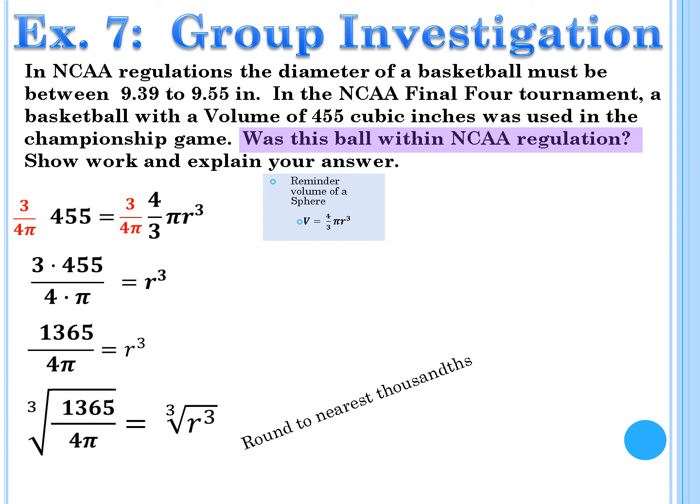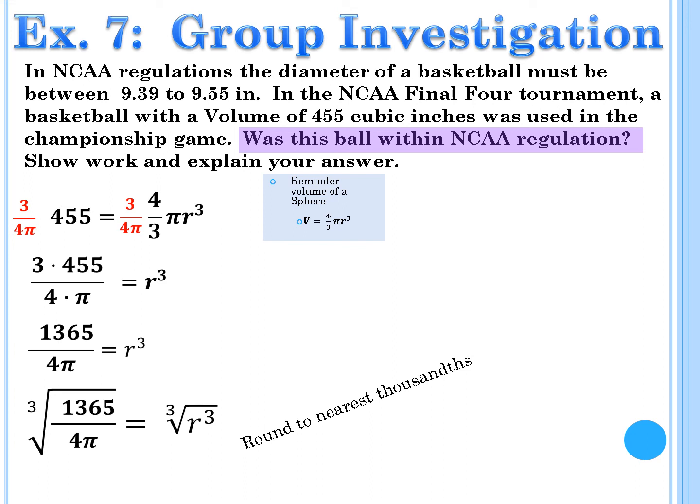We would plug this into the calculator at this point. However, let me warn you, when you're plugging this into the calculator, you want to put 1365 divided by 4 pi in parentheses.